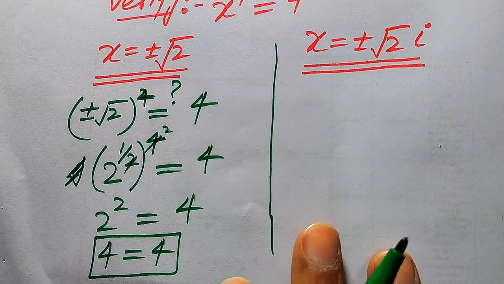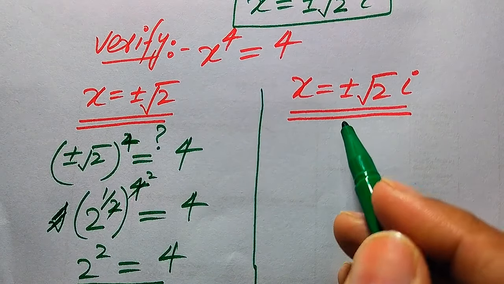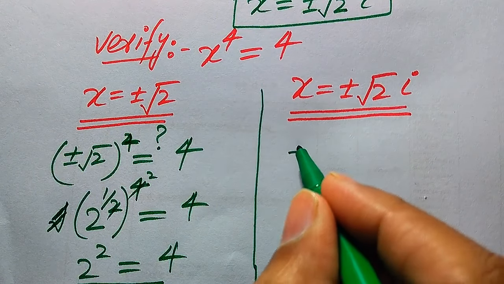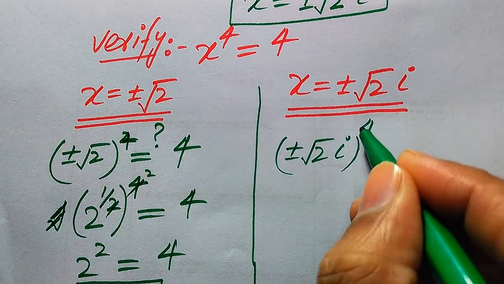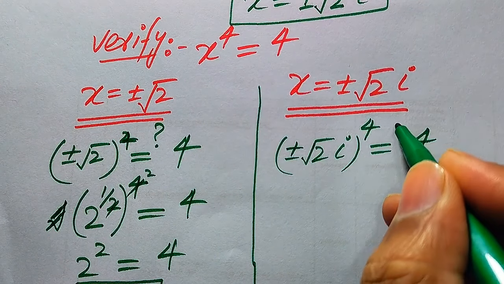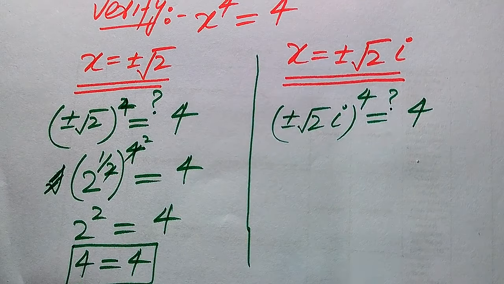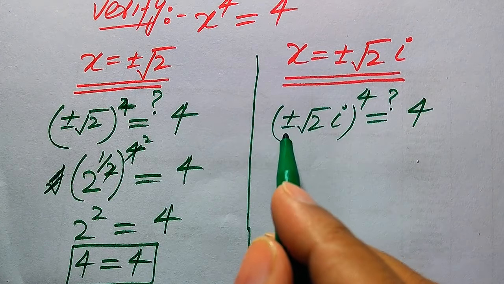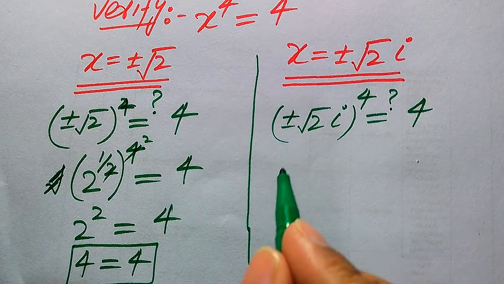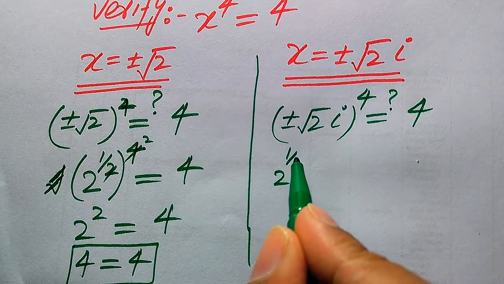And now in the same pattern, we need to verify the other value. When you put this value in, it becomes plus or minus square root of 2 times iota, and its whole exponent is 4, equal to 4 or not. Again the base is negative and its exponent is an even number, so it becomes positive, and we write the 2 in the form of an exponent.